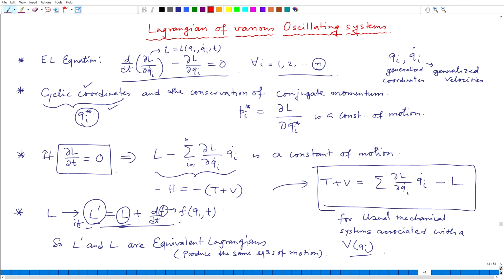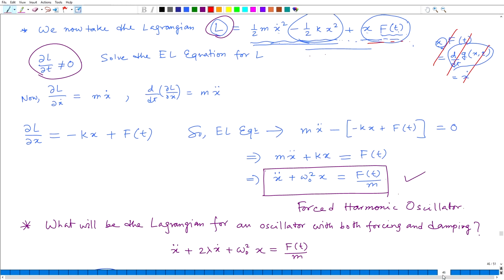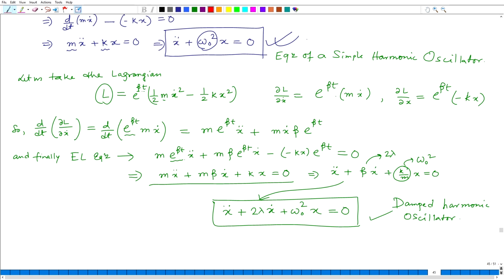Just remember the very last property which I discussed as a recapitulation today: the concept of equivalent Lagrangians. If two different Lagrangians produce the same equations of dynamics, they are equivalent Lagrangians.